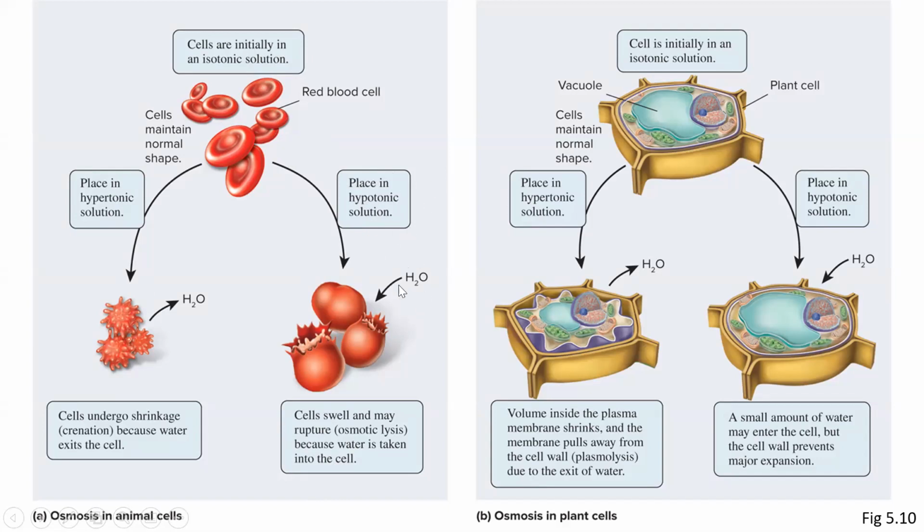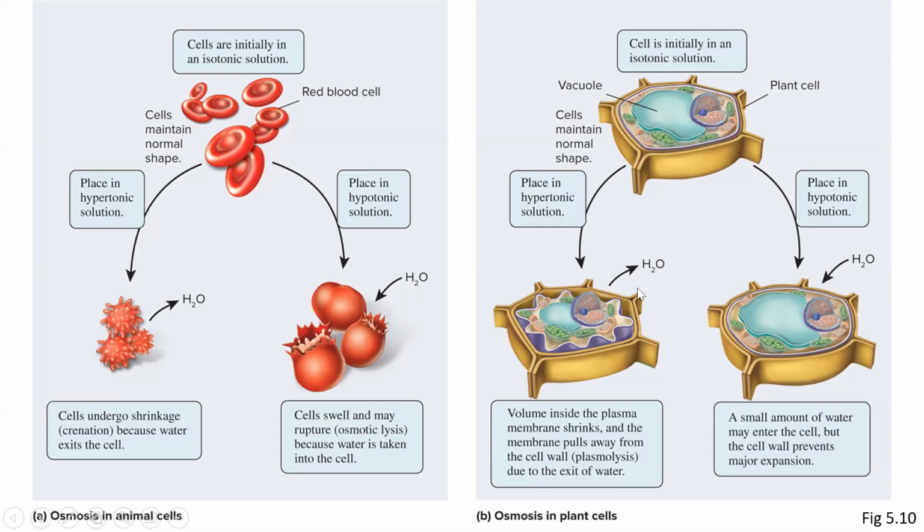Therefore, water is going to go into the cell, cause it to swell, and then eventually, boom, the cell explodes and it's dead. This is called hemolysis, the bursting of a red blood cell.